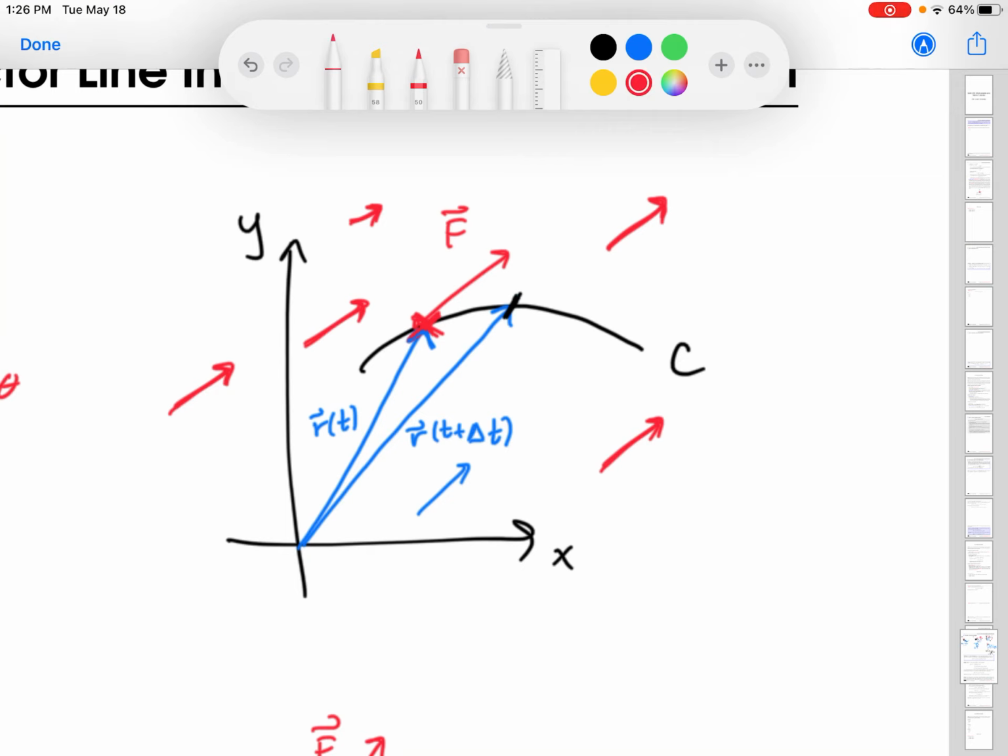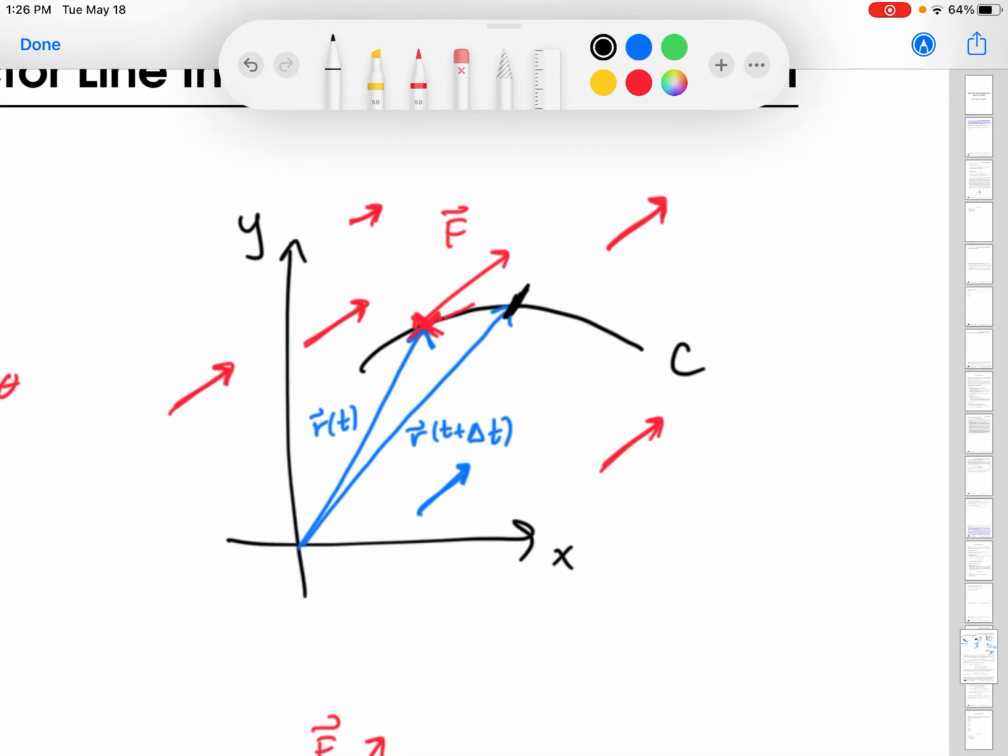You can see that that's pretty much what this velocity vector field would do, because this velocity vector has a component that goes along the curve, and a component that goes perpendicular to the curve. The component along the curve is going to move the bead to the right, which will eventually get it over here to this point. So suppose that at time t plus delta t, that is where the bead ends up.